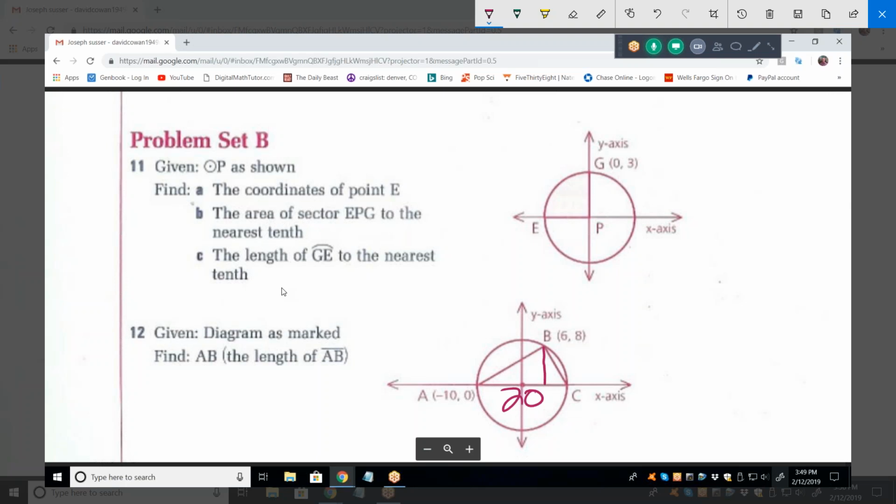No, hold on. Height is not 6. Height is the y coordinate. Oh, 8. Yes, that side's 8.